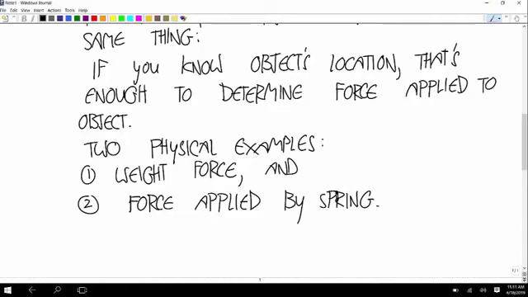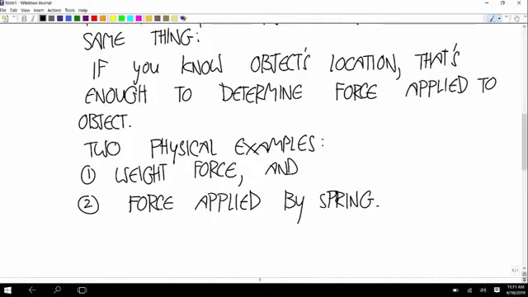It actually turns out that gravity depends on the distance from the center of the Earth. We'll talk about that briefly later on, but still, even using that more complicated formulation for gravity, if I tell you that we're at this location here, we can calculate the distance to the center of the Earth and calculate that force.